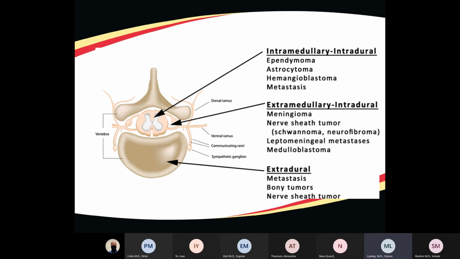And I think one of the key issues, we often see a lot of schwannomas, right, in patients that are asymptomatic. They come in because we think they have degenerative problems and they're very concerned about the schwannoma.